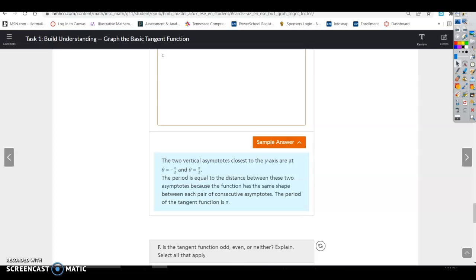The period is equal to the distance between these two asymptotes because the function has the same shape between each pair of consecutive asymptotes. The period of the tangent function is pi. All right, so that's because of your asymptotes and because it goes from -half pi to half pi. That's why it equals pi. So basically the period of a tangent function is 180 degrees. 180 degrees is equivalent to pi.